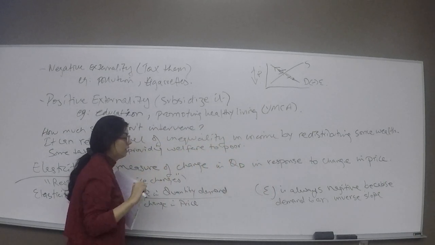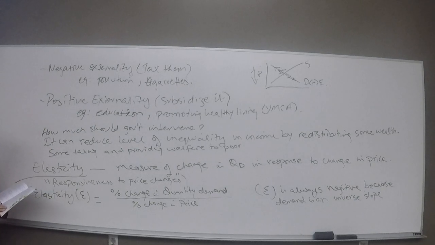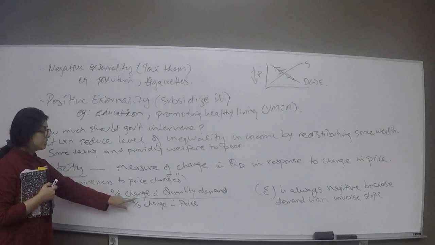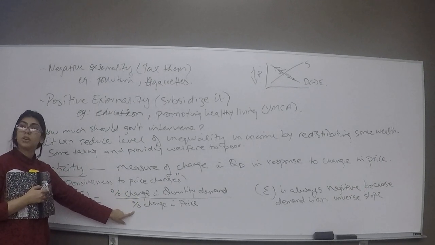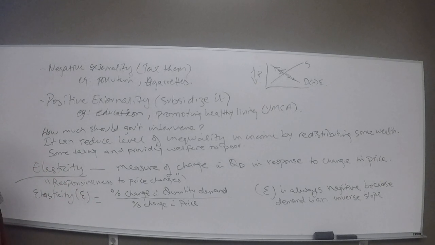In the formula, it says the percent change. What is that in the middle of the formula? Change in quantity demand? Percent change in quantity demand? You got it? Yeah. Percent change in price.